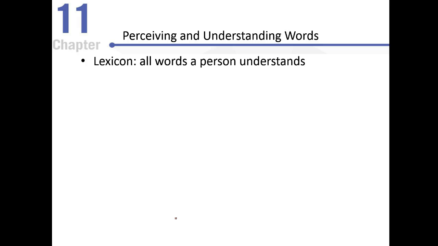First of all, some terms. Cognitive psychologists talk about a lexicon, and these are all of the words that a person understands. It turns out that we understand, each of us, about 50,000 words.